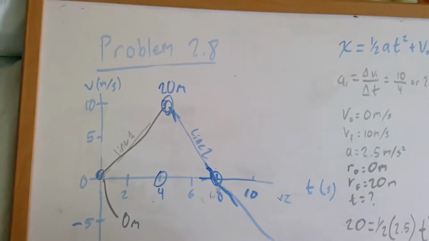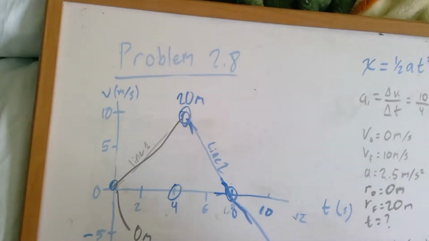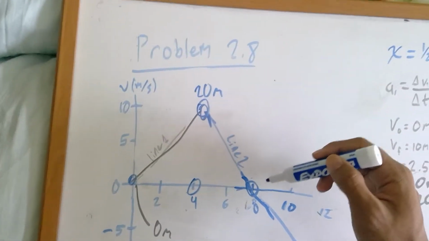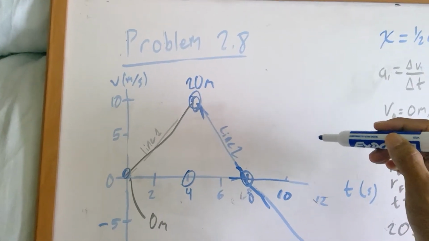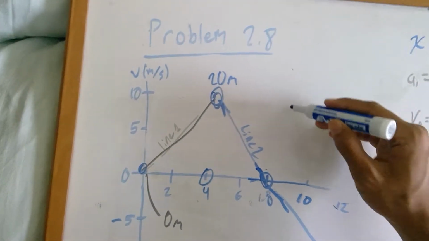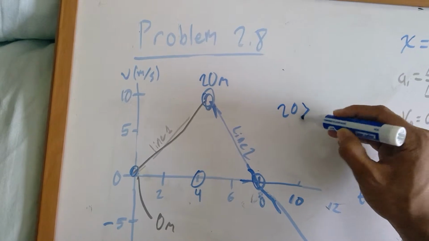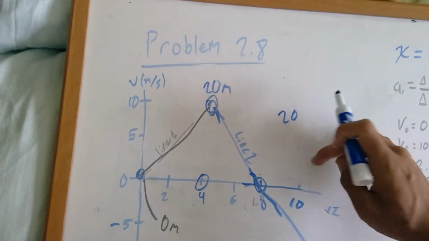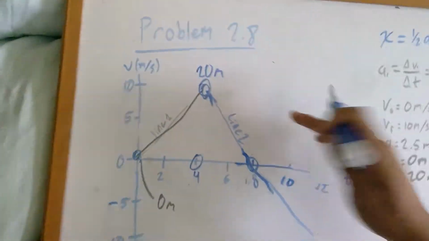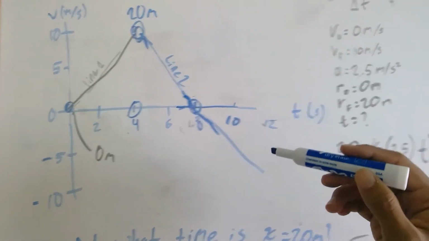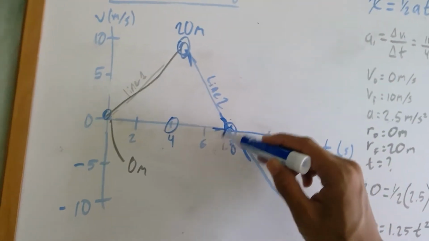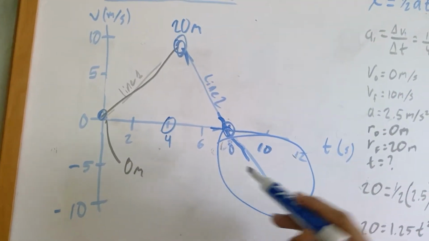The position is going to be increasing, and increasing from 20 is never going to equal 20 again. It'll just be greater than 20. So the only possible answers would be in this bottom section down here, which is 8 to 12 seconds.